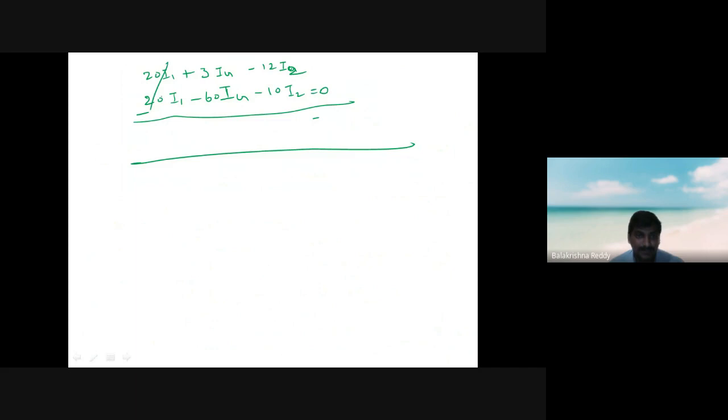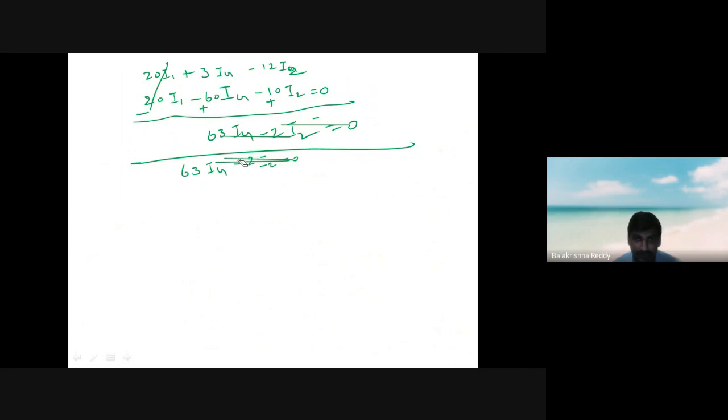Minus plus, we can cancel. And here it becomes 63 Ig. And minus with plus, minus 12 10, how much? Minus 2 I2 equal to 0. Now we got an equation: 63 Ig minus 2 I2 equal to 0.